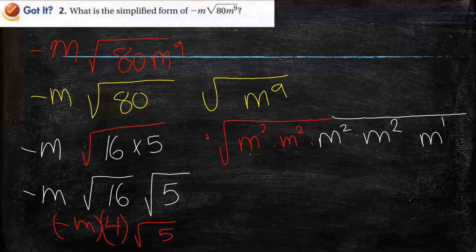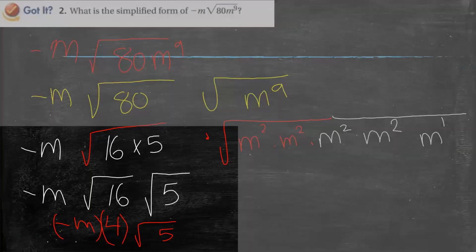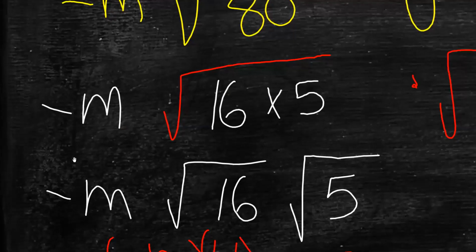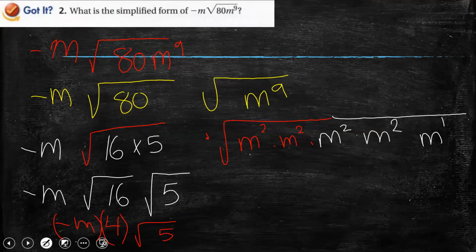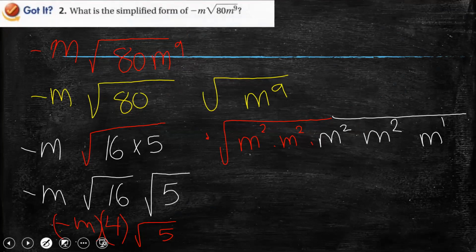Since we add the exponents, 2 and 2 and 2 and 2 and 1, if you add them, you get 9.